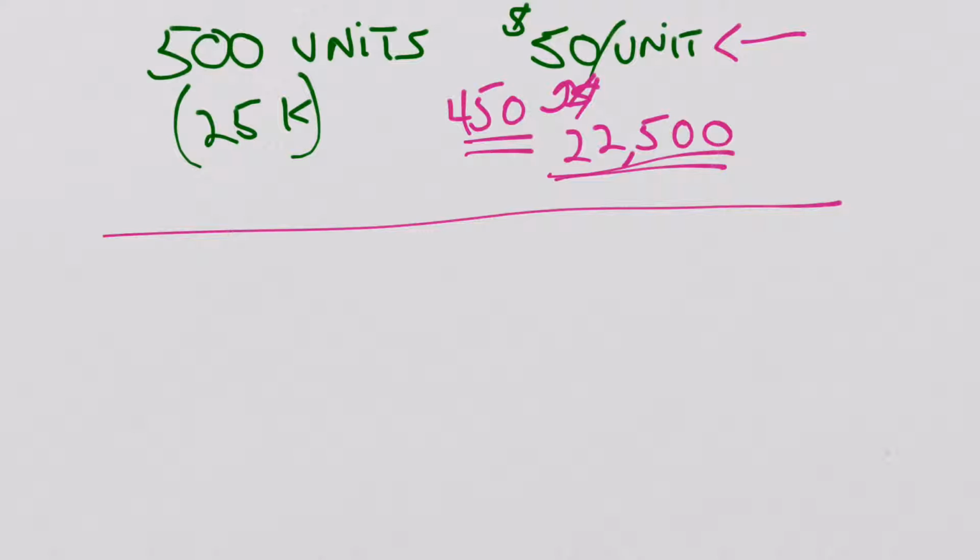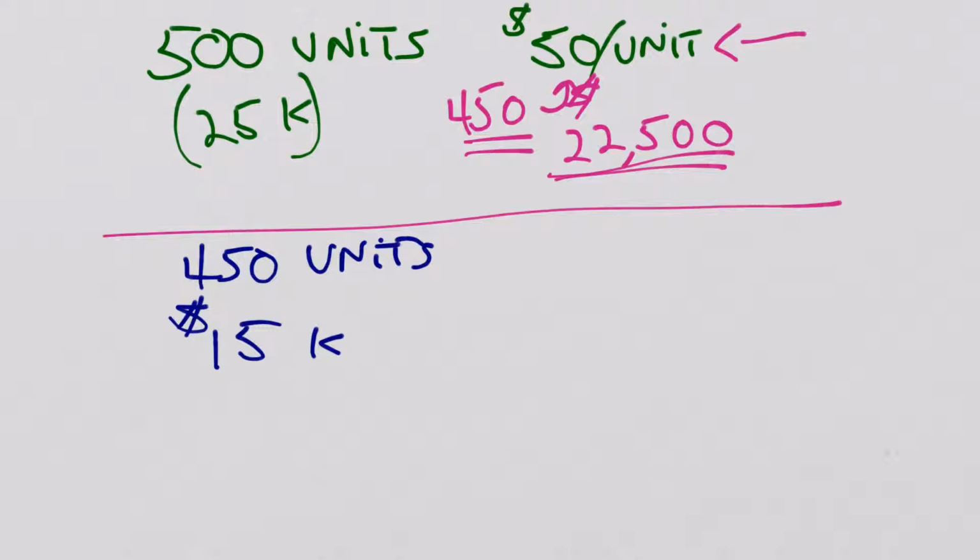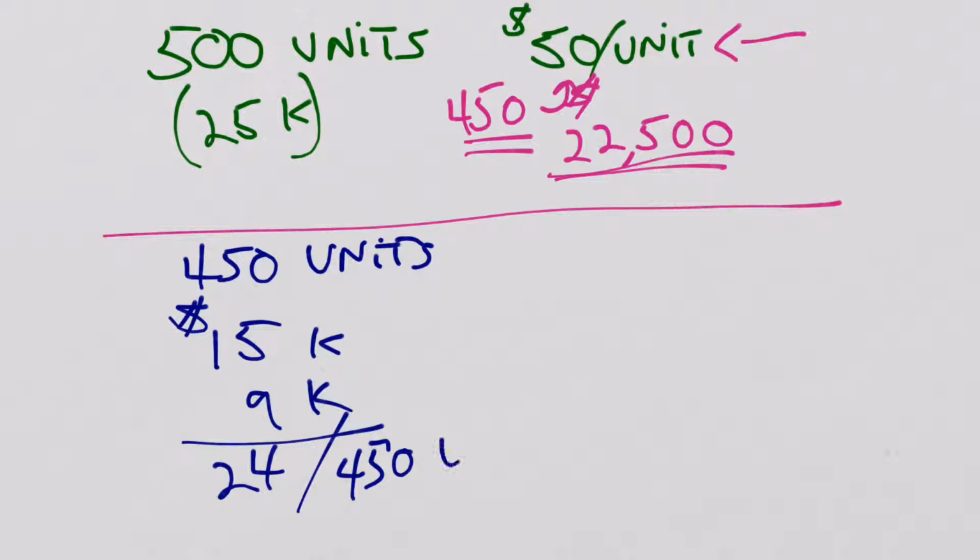Meanwhile, with the flexible budget, since we assume 450 units, we would have had 15K fixed, 9K variable, that's 24K, over 450 units, and our application rate would have been, let's do the math, where's my calculator? Here it is.